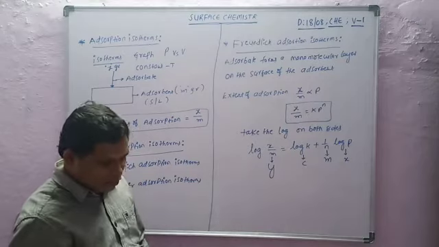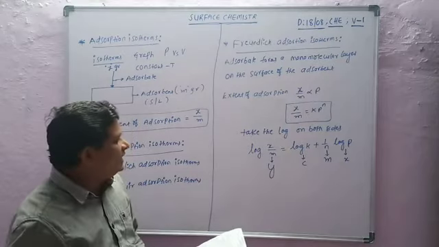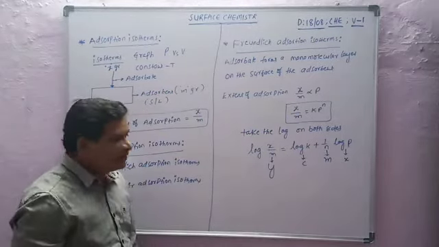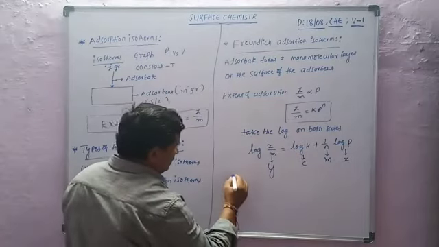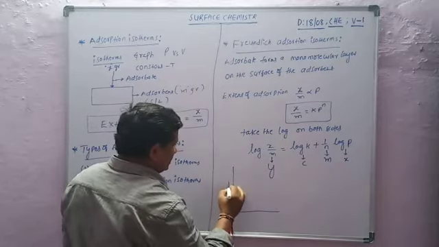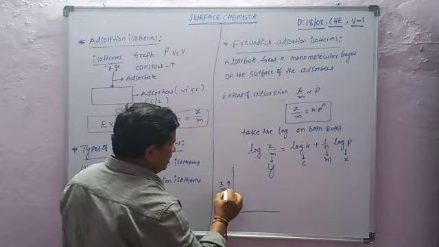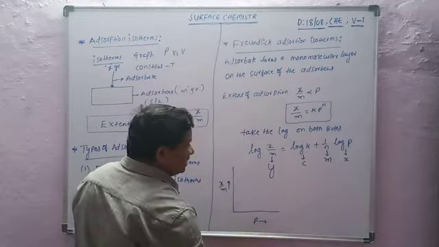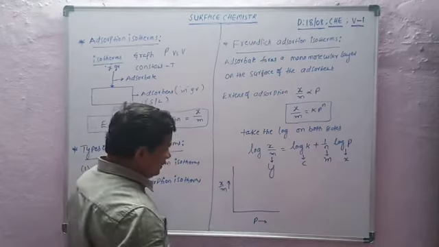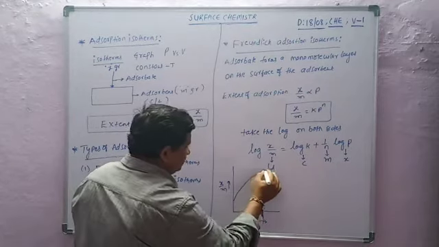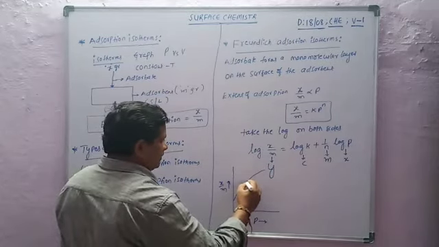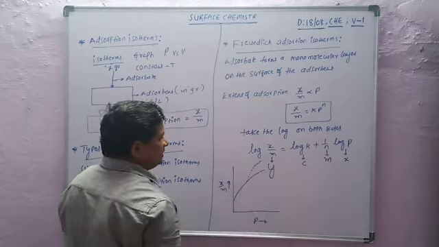Or similarly, a graph drawn between x by m and p, where x by m values are taken on the y axis and pressure is taken on the x axis. This is the obtained graph.